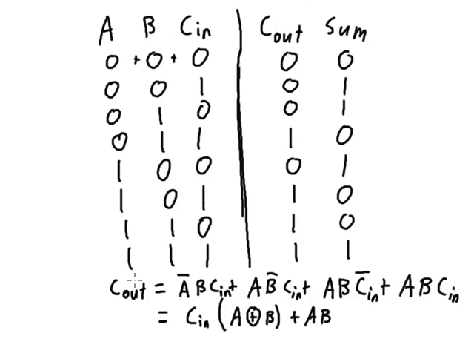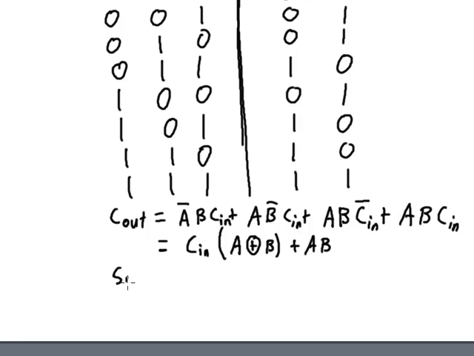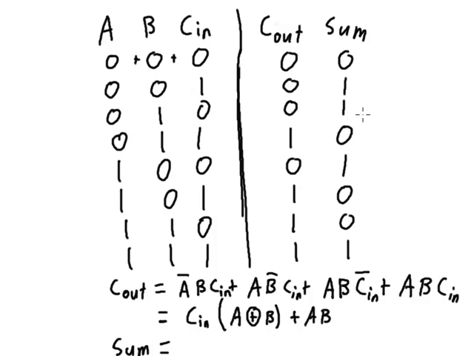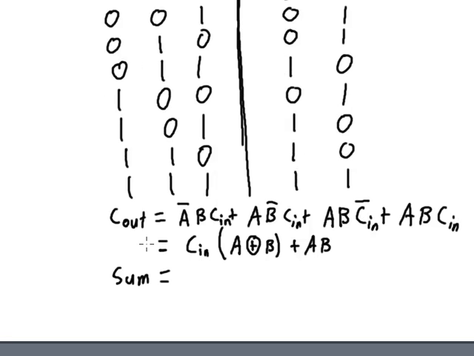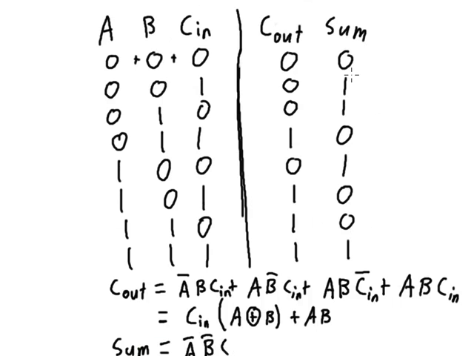And we're going to need to do the same thing with the sum. We've got 1, 2, 3, 4 rows where the sum output is equal to a 1, and so we're going to put that together. We've got not A, not B, C for the first row here.